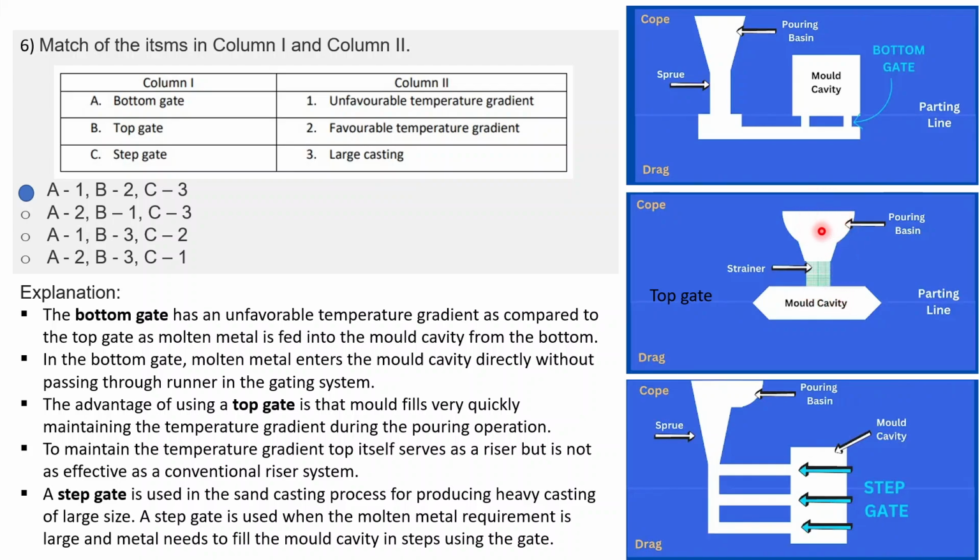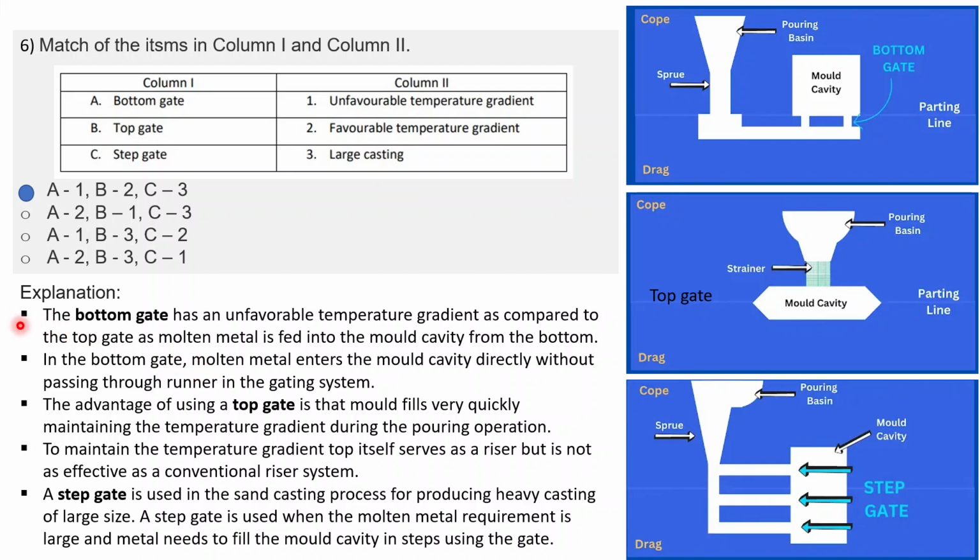This pouring basin also acts as a riser in this case, because it will provide molten metal as the liquid metal in the cavity starts shrinking due to solidification. In case of step gate, if you have a very big casting, to get directional solidification you need to provide multiple gates.